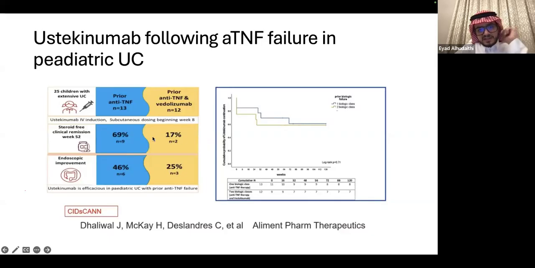That's why they suggest going for ustekinumab as second line after failing anti-TNF. Because if you consider it as third line, there is a steep drop in the response rate. While vedolizumab is usually considered as first line in steroid-dependent disease.